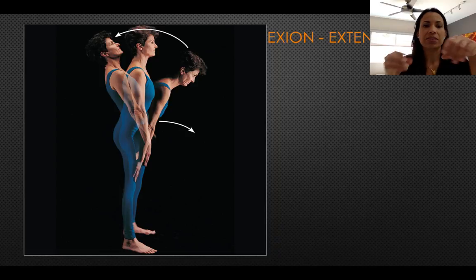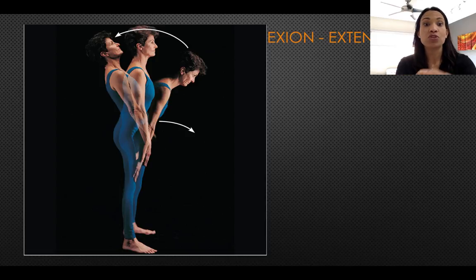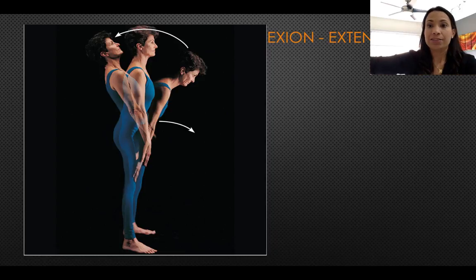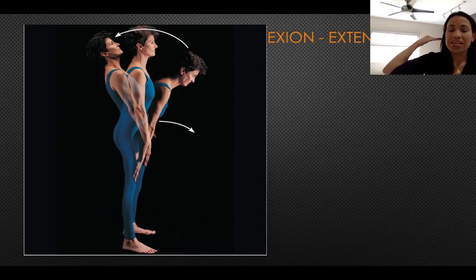Let's describe this. So flexion and extension is the first pair of movements that we're going to describe, and we have to be specific as to where this movement is happening. I think I have told you this before. If I do this in a video and I ask you, what is the name of the movement?